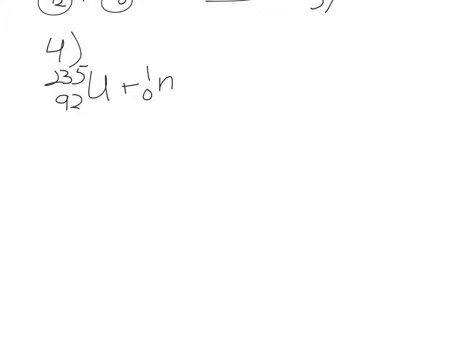And produces, anytime you see produces, that means there's an arrow. We're turning into something new. Produces an atom of antimony 125. Antimony 125 there. And I'm going to have to look that one up. Antimony is 51.